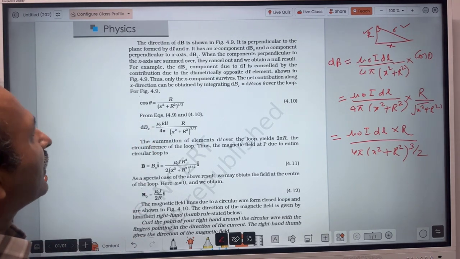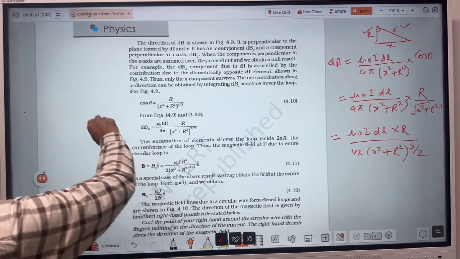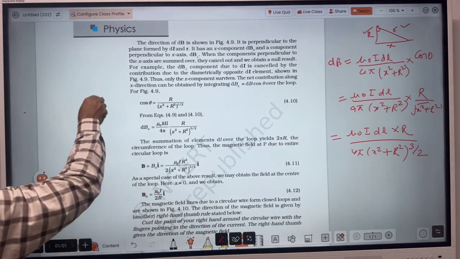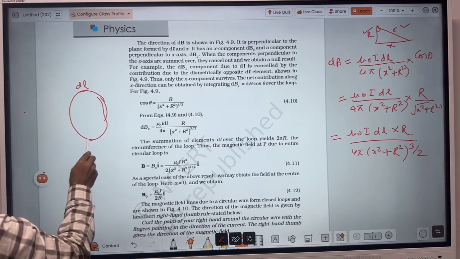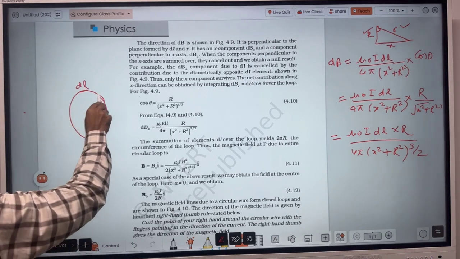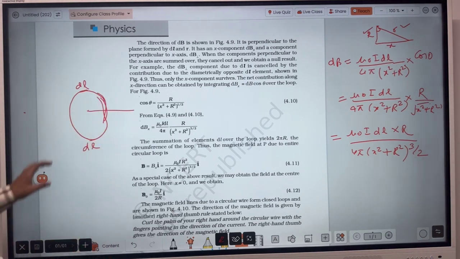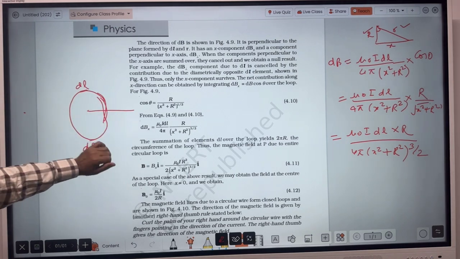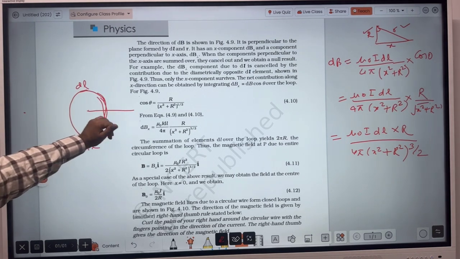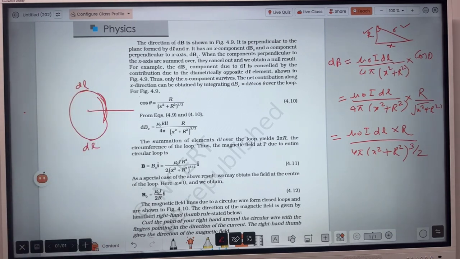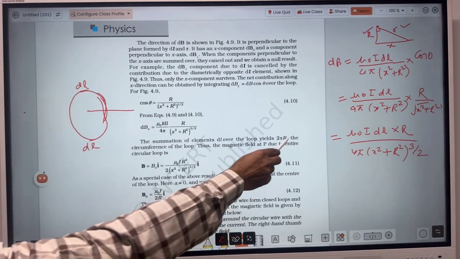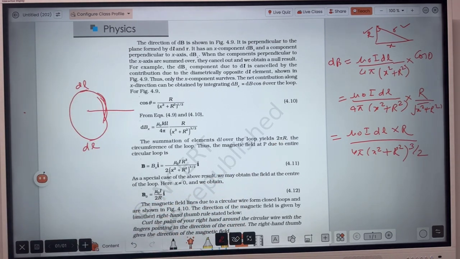In this case we have considered only the current element dl. Similarly, other points will be there, and for these current elements we have taken the cos theta component. Now suppose we want to find the full contribution of the ring. In that case we can integrate it; the same relation can be integrated.